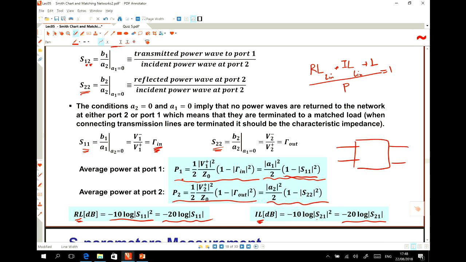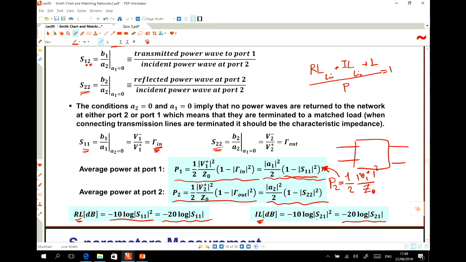Based on this formula, the power that we generate and we receive is this value. The power that we transmit is V1 plus squared divided by Z naught. So this is the power that we are receiving at port 2 in this case.